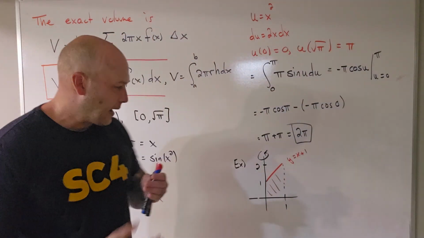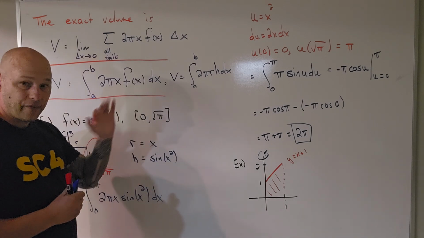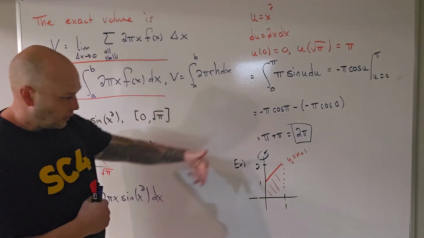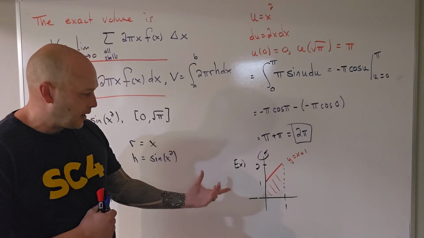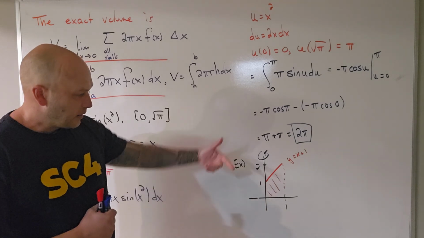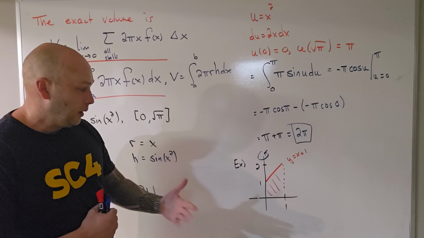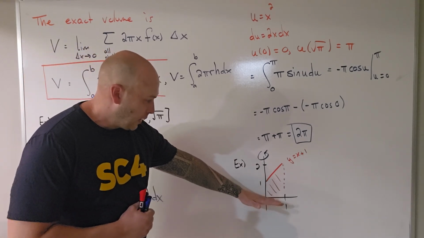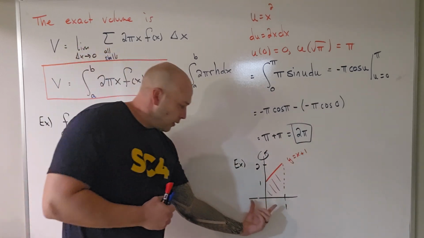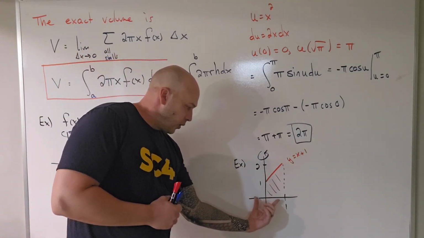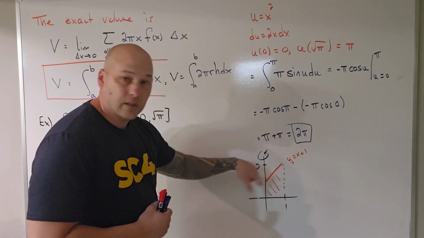Now, let's talk about how we could do that, because I don't have to use the shell method. If I generate that, it's going to create, imagine taking a solid cylinder and then sort of drilling out this conical section in the top. If you think about that, and if I look at this as a stack of plates, or a stack of discs, going from here to here, I could use the disc method.